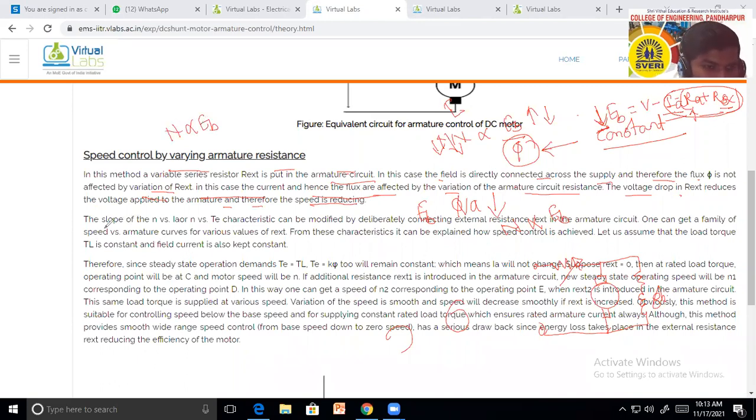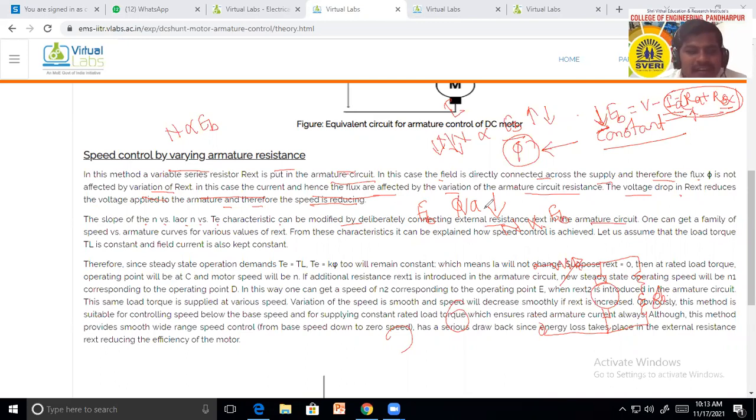Now the slope of the N versus IA or N versus TE characteristics can be modified by deliberately connecting external resistance R external in the armature circuit.